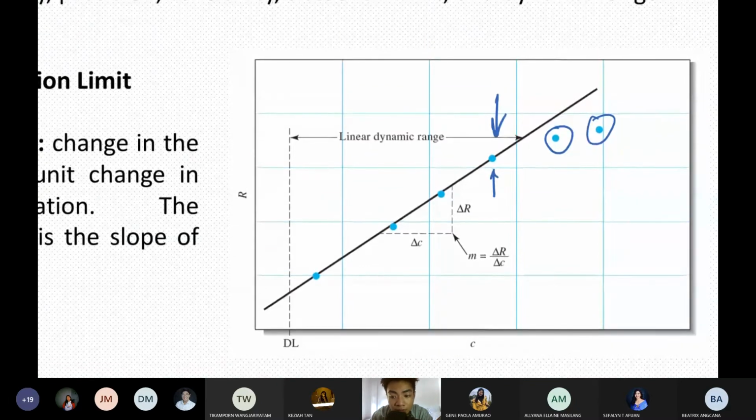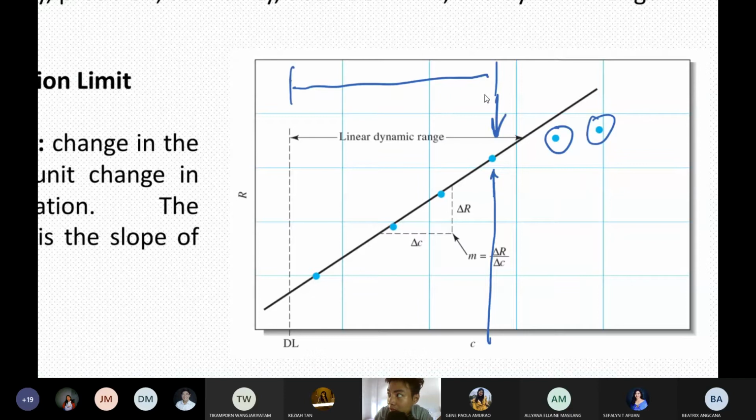So that means your analysis can only be done at this range na lang. Anything beyond that may give you unreliable results na. So that means when doing analysis, your ranges can only be somewhere in here, at the beginning and at the end of the linear point.